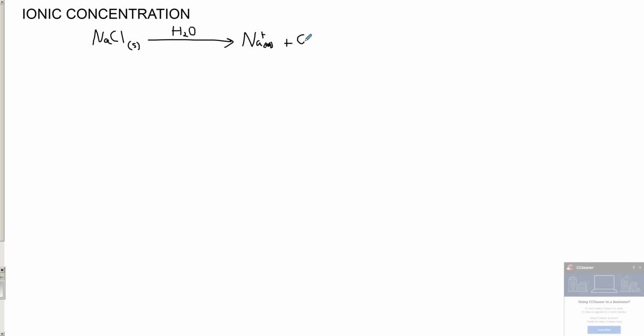So, simplest example ever, if we have NaCl, we toss it into some water, we are going to get Na+ aqueous ions, and we will also get Cl- aqueous ions.